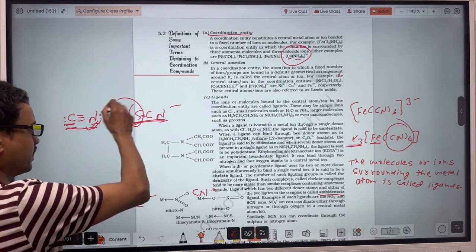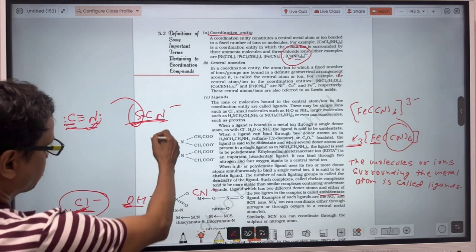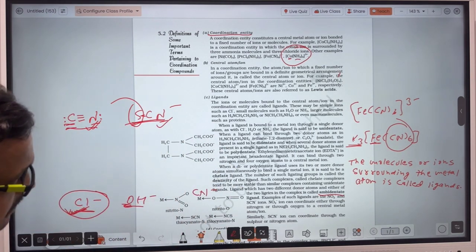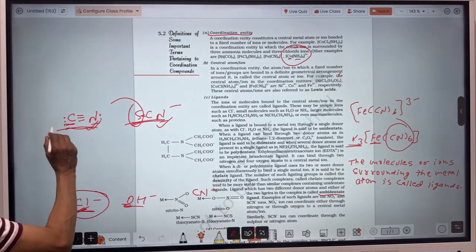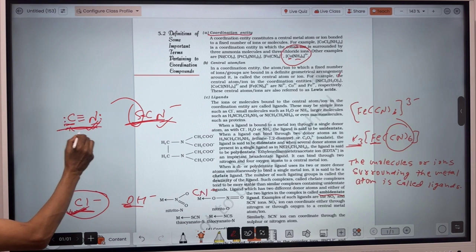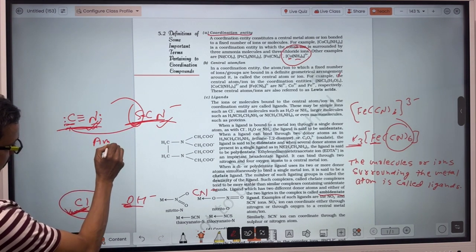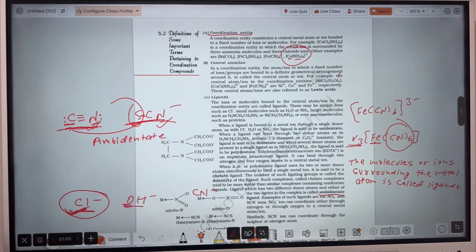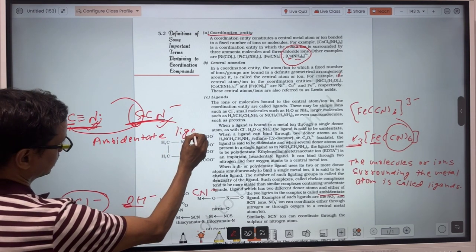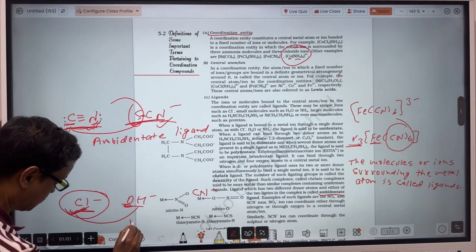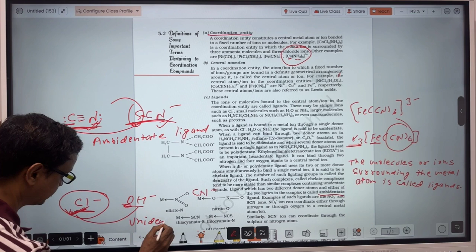When sulfur is bonded to the central atom, then nitrogen will not bond, and if nitrogen bonds to the central atom, then sulfur will not bond. So SCN minus as well as CN minus are examples of ambidentate ligands. Cl minus and OH minus are examples of unidentate ligands.